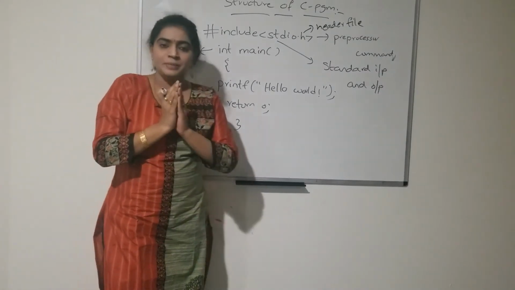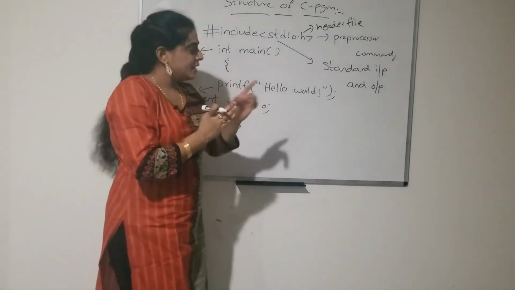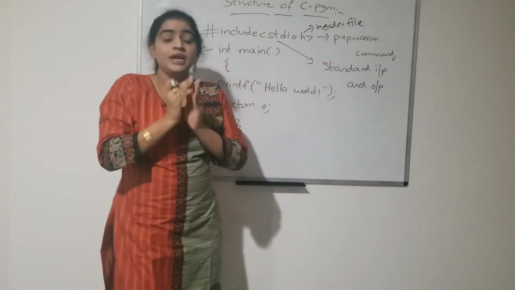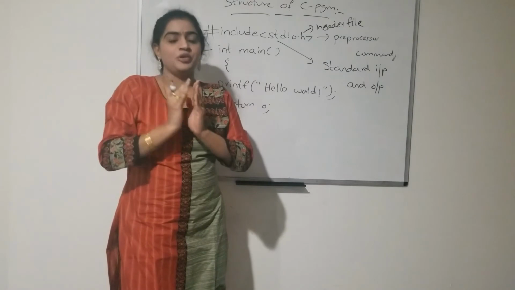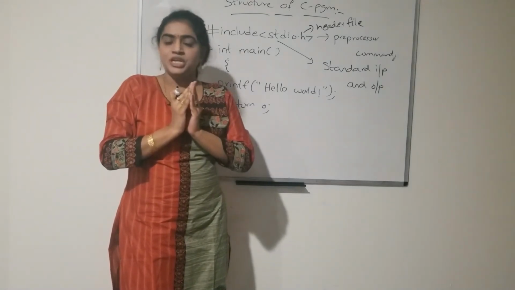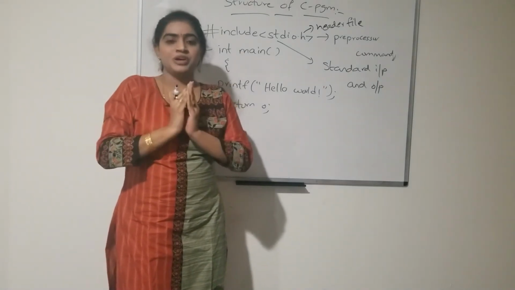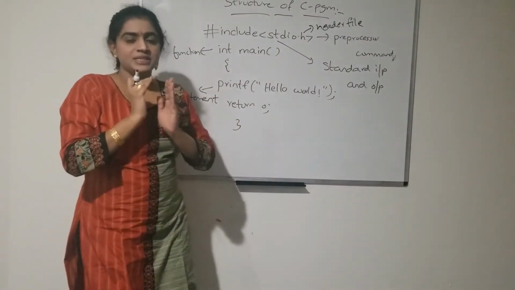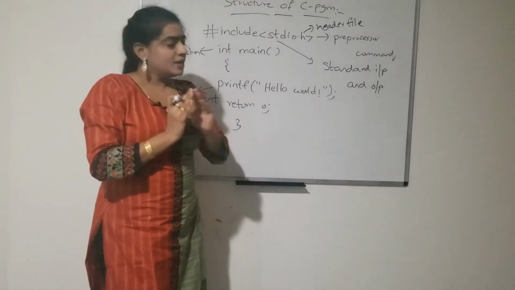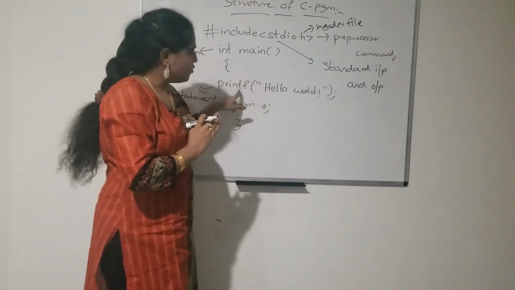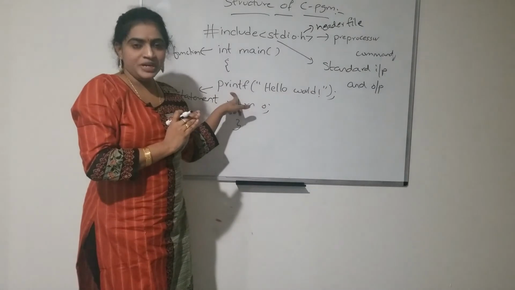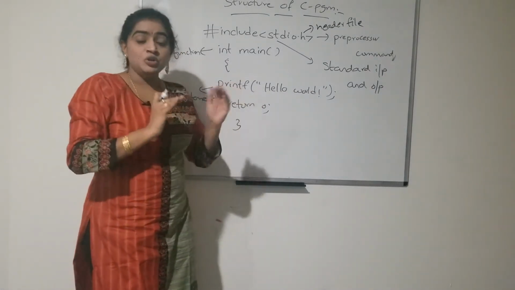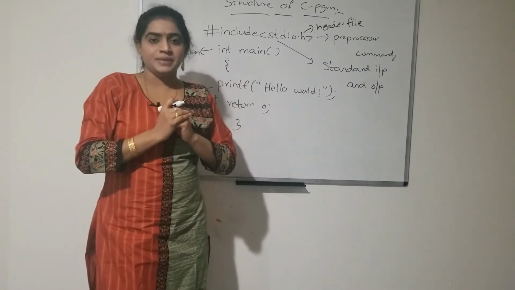What is the purpose of including that header file? This standard input and output header file will execute the input and output functions which you have written in your program. In each and every program you will write some input and output statements like printf, scanf. Here in this program I have only this output function. Printf is an output function. What is the purpose of this function? To display the values on the output screen.